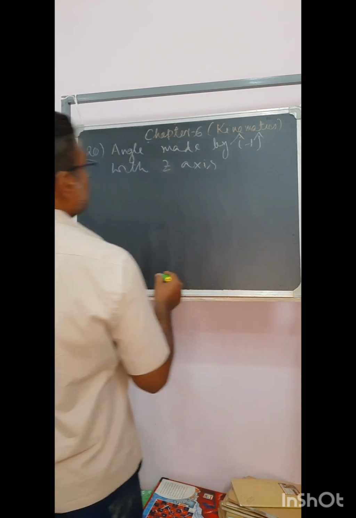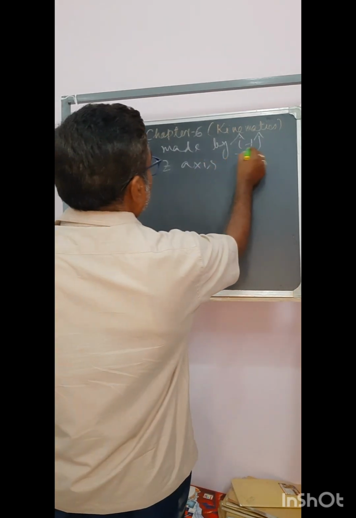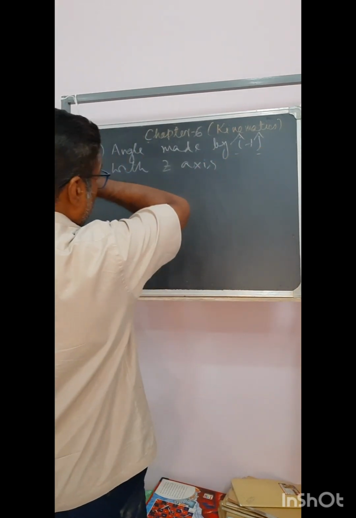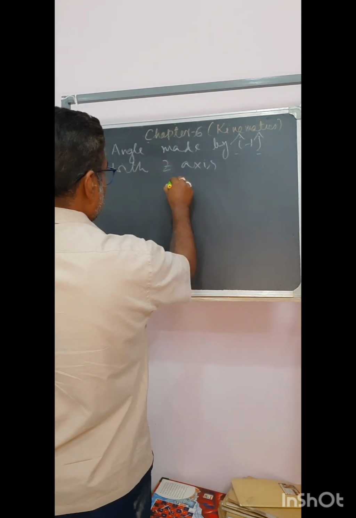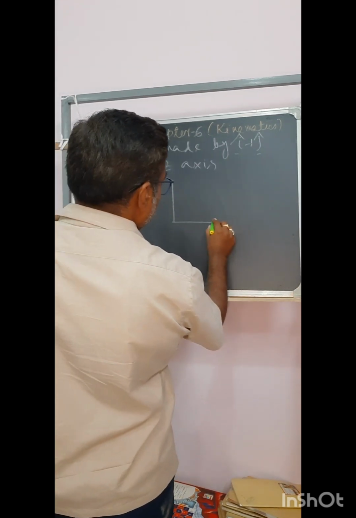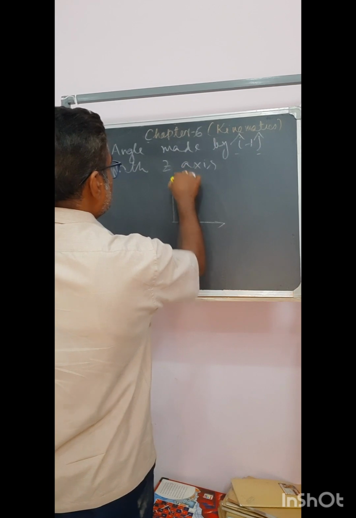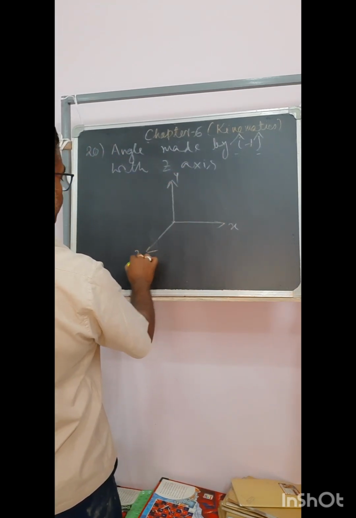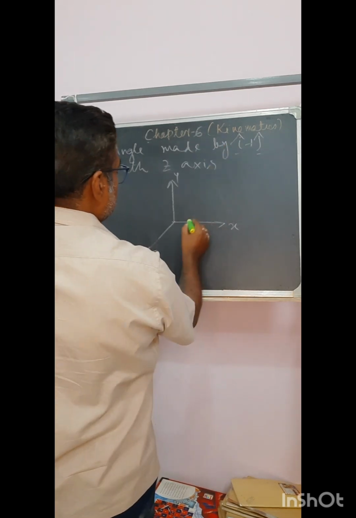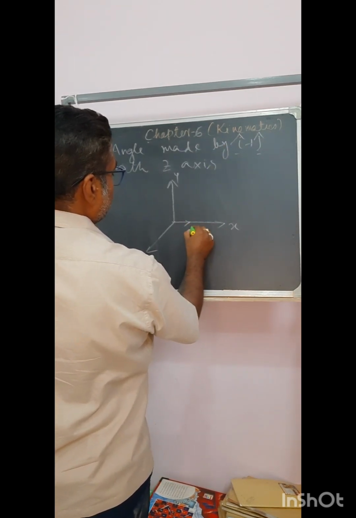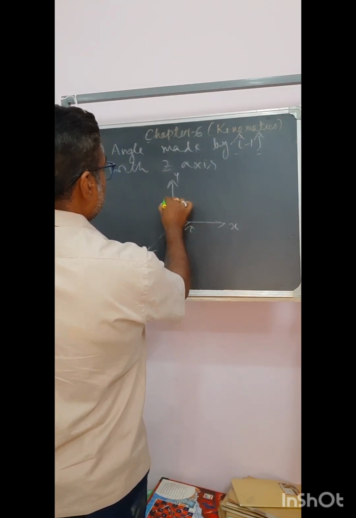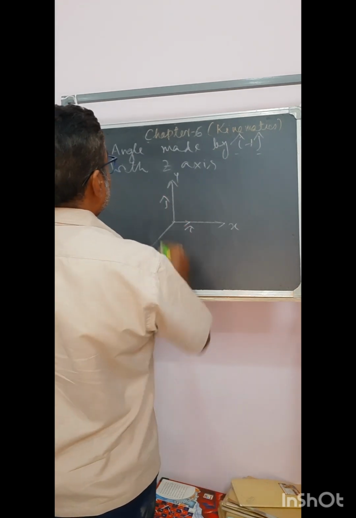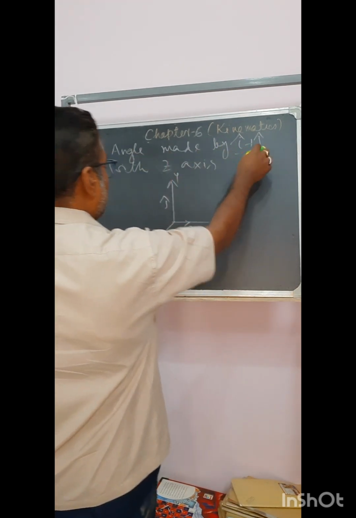So how do you do that? That means two unit vectors of x and y taken with the z axis. That means you have to use the Cartesian coordinate system. That is already understood by seeing the problem. Now if i is the unit vector towards the x direction and j is the unit vector towards the y direction, so the angle made by i plus j.